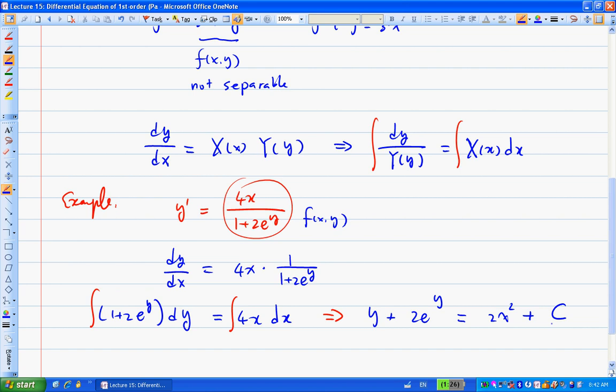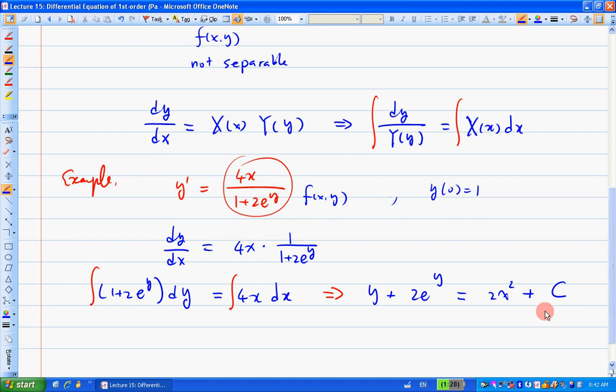So suppose I have an initial condition y of 0 equal to 1. Now I can solve for the constant c. So this basically means y of 0 plus 2e^y(0) equals 2 times 0 squared plus c.